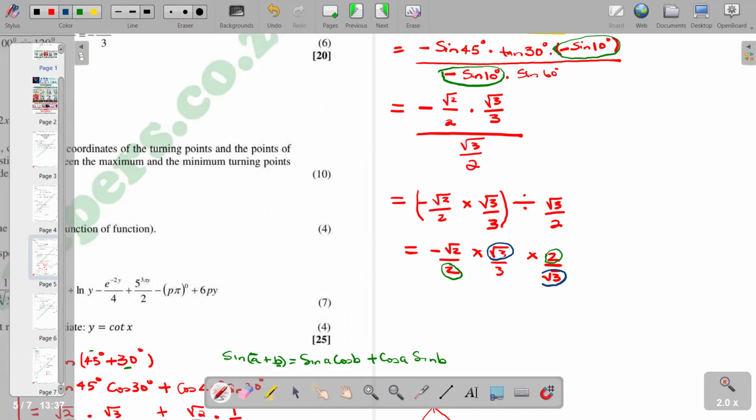Here we are having a root 3 on the denominator. They divide each other to get a 1. So eventually our answer is going to be equal to negative root 2 divided by 3. And conclusively, we can see that our left-hand side is equal to our right-hand side as required by the question.